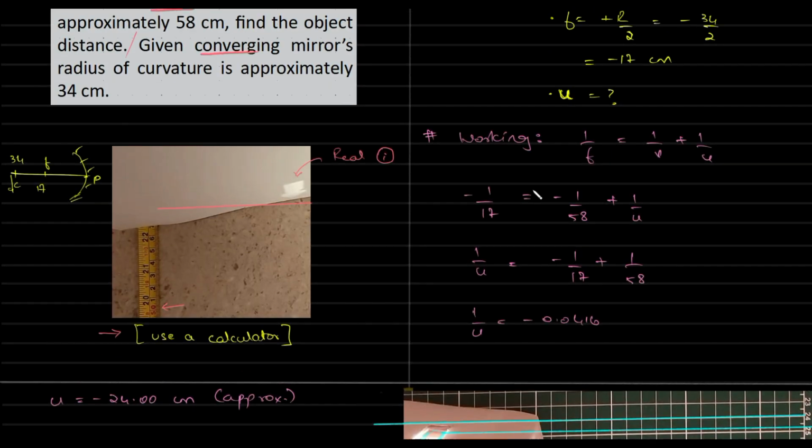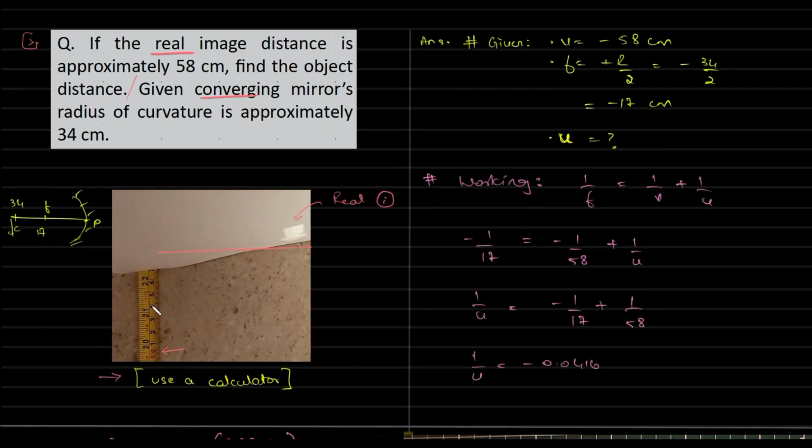Anyways, we can see that my measurement, this 58, maybe we should have taken a bit more or a bit less. This is not the exact value. 34 is, I think, also not the exact value of the mirror's radius of curvature. So put together, an error will come, plus or minus a few percentage. And for the setup we have, this is okay.